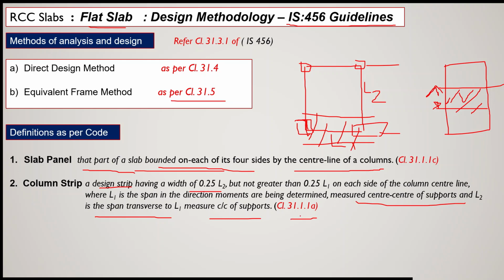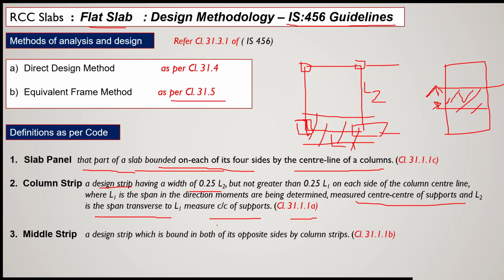This same thing is clearly mentioned in clause number 31.1.1a. Then middle strip. Now when you decide a column strip, if we see here in this figure, there will also be another column strip. So then this strip will be the middle strip.